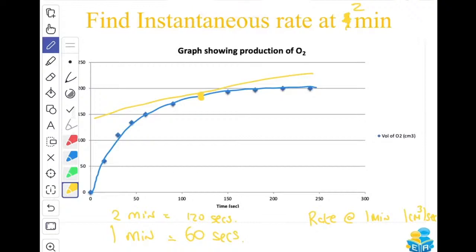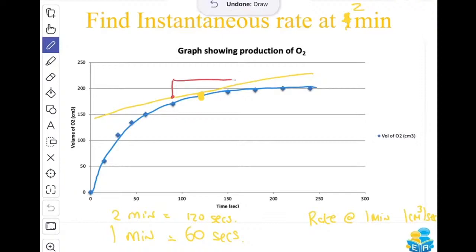So the slope we know we can get using the rise over the run. I'm going to start here and I'm going to rise, and then I am going to go over till I reach my run. So this is rise over run. Now my rise, this here is probably about 180, and this here is probably about 220.